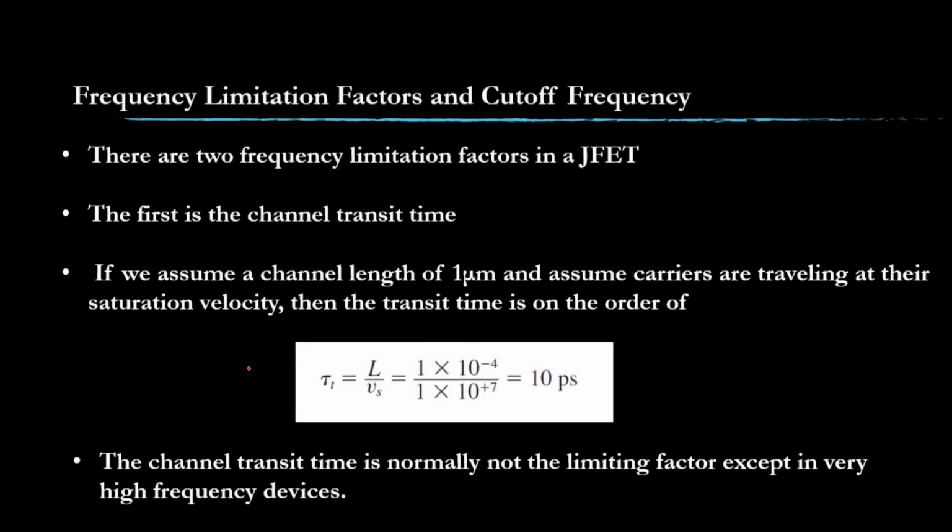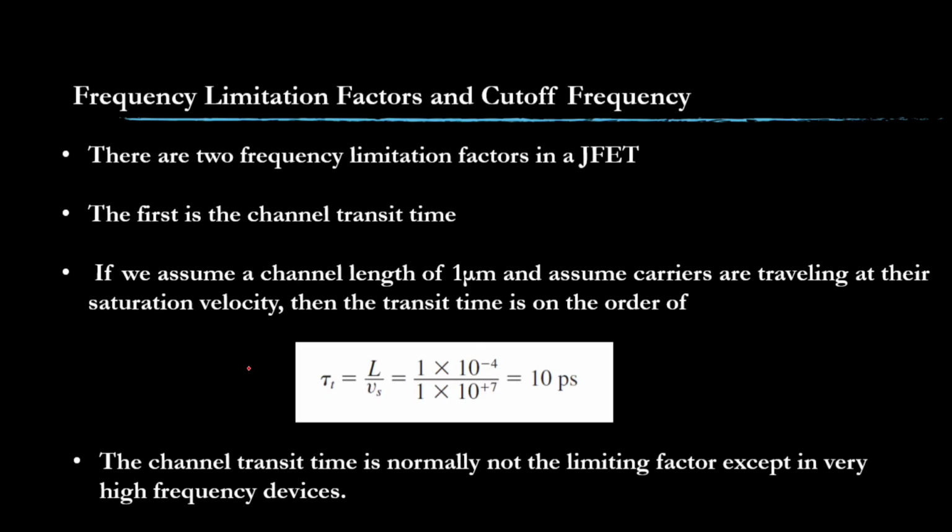Next we are looking at the frequency limitation factor of the JFET, and one more thing, the cutoff frequency. So what is the meaning of the cutoff frequency? What is the physical interpretation of cutoff frequency? Okay. So I am going to apply some sinusoidal voltage to a JFET amplifier.